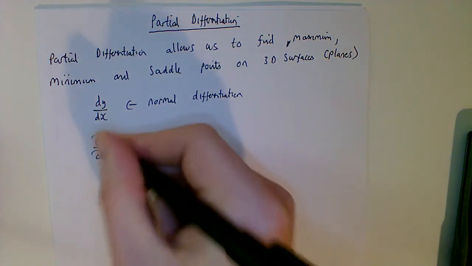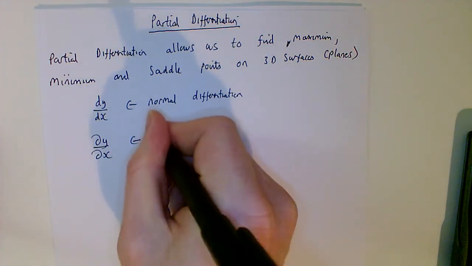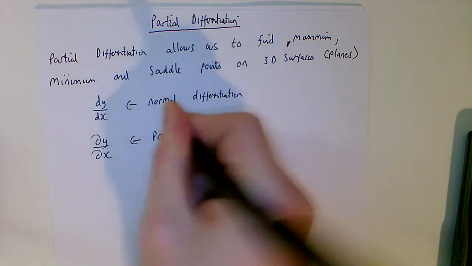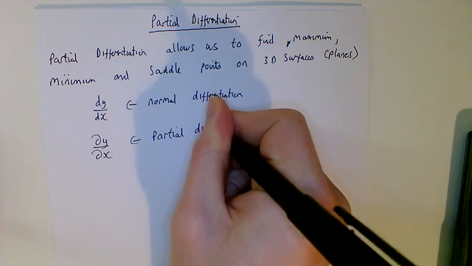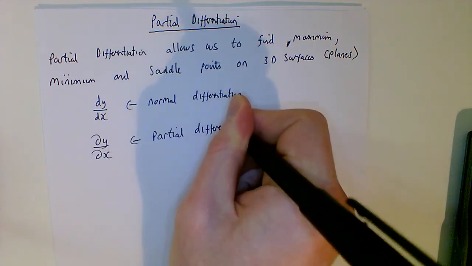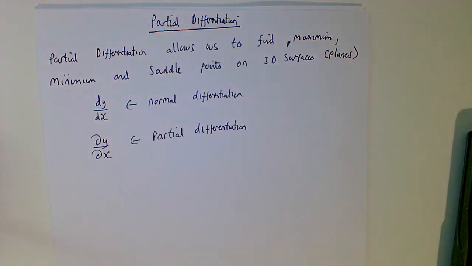That means partial dy by dx, or partial differentiation. Right. Now, as you know, we're going to be dealing with x, y and z coordinates because we're going to be dealing with 3 dimensions.